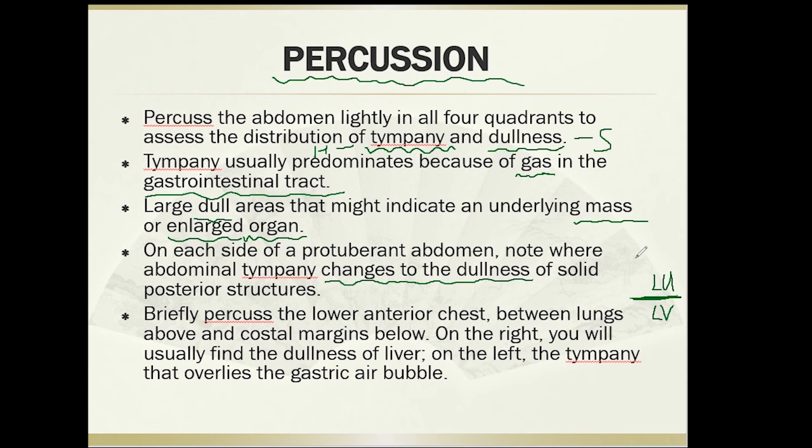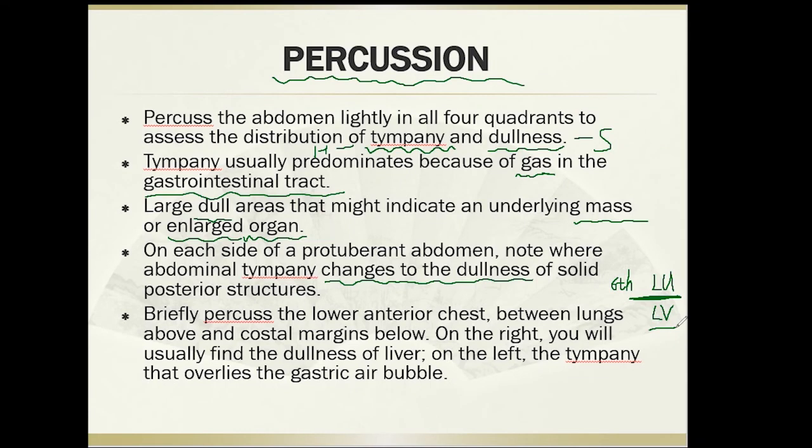So when we check the chest area, we're talking about the lower border of the lung in the sixth intercostal space in the midclavicular line on the right side. That means it's also the upper border of the liver there. So thus we separate the liver under the lung for the upper border.